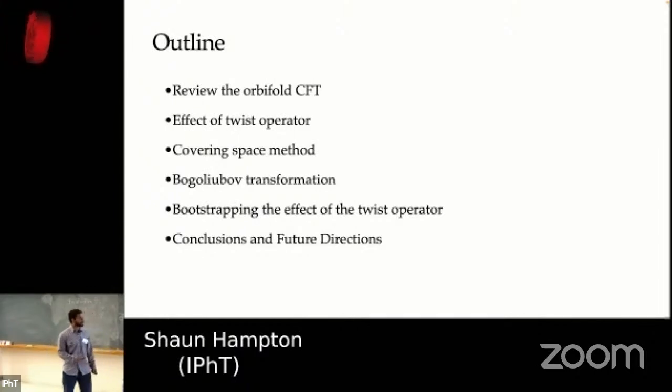I know there's also been work on that by Andrea, Dey and Lorenz Eberhardt, who were computing twist correlators that way. At the end, I'll conclude and talk about future directions.